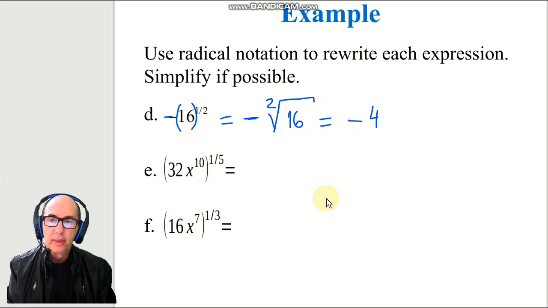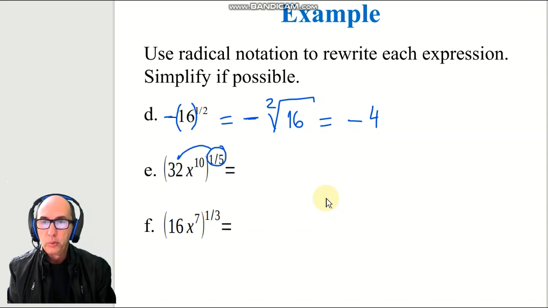Letter E. Inside the parentheses now, 32 times x to the power of 10, and this whole thing to the power of 1 over 5. Look, now we will apply a property of exponents. This 1 over 5 will be applied as an exponent to 32, and to x to the power of 10.